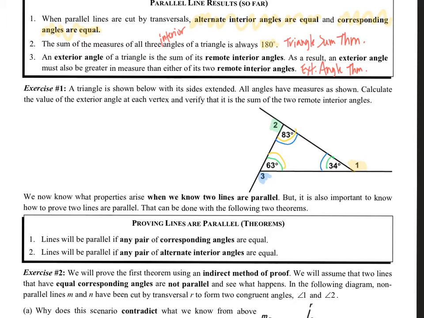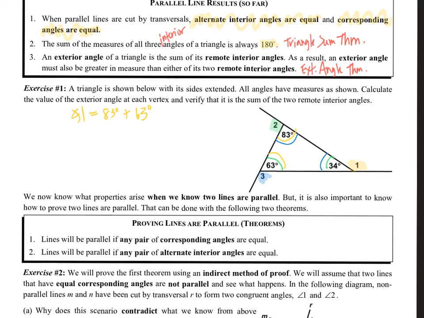So for angle 1, this is equal to 83 degrees and 63 degrees. Well, let's actually write that like it's not an exponent. Okay.